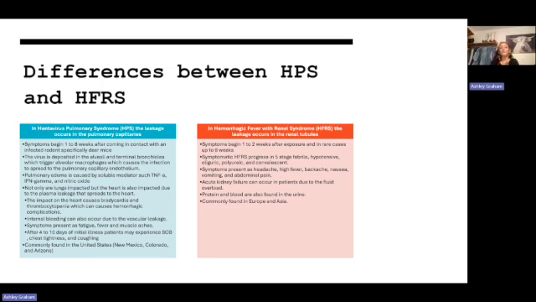Symptoms for HPS begin around 1 to 8 weeks after coming in contact with the infected rodent specimens. The main cause for HPS is actually deer mice, not really any other rodent, because HPS is specifically found in the United States.